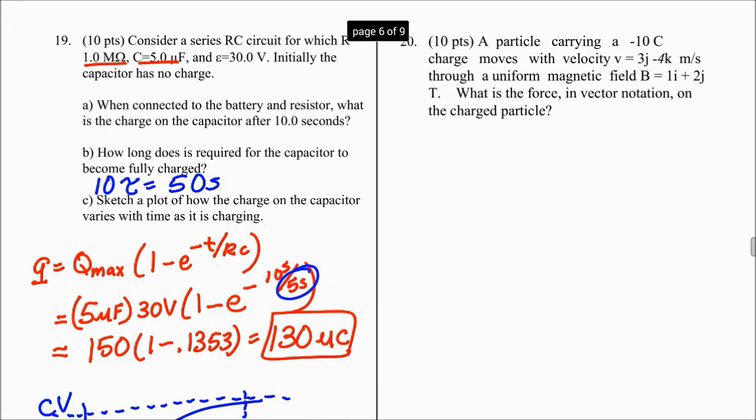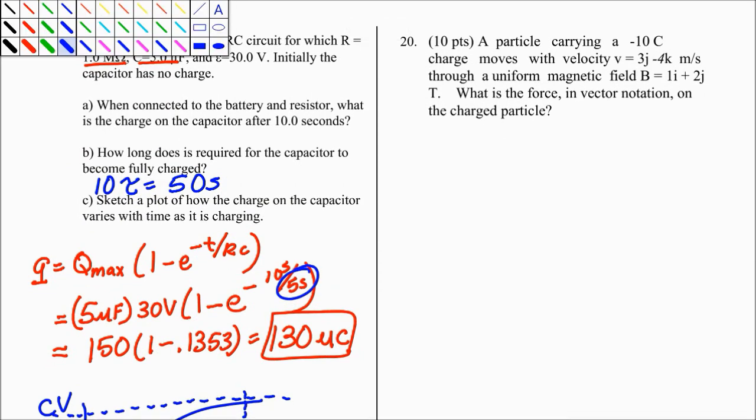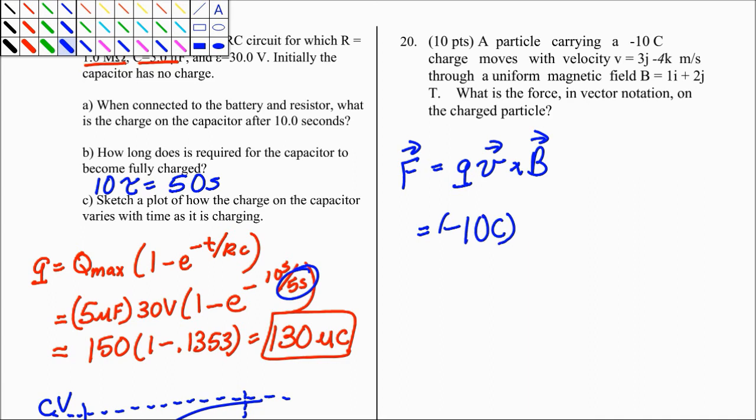A particle carrying a negative 10 coulomb charge moves with that velocity in that magnetic field. All right, just a simple cross product here. My force is QV cross B. Q is negative 10 coulombs, 3J minus 4K, and 1I plus 2J.